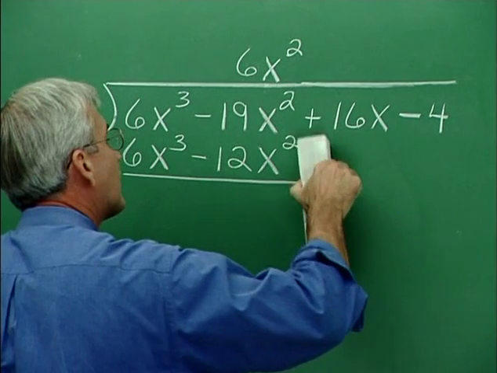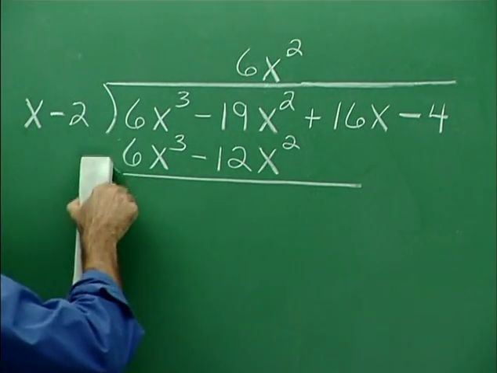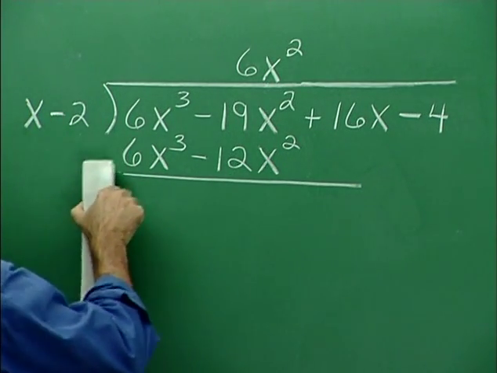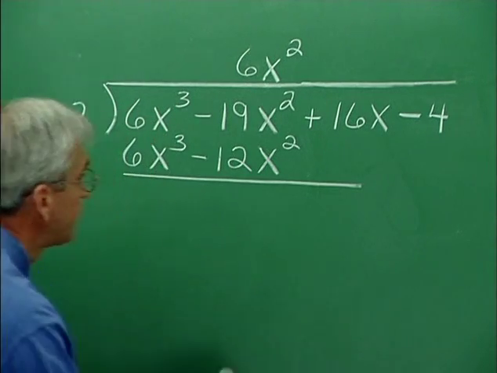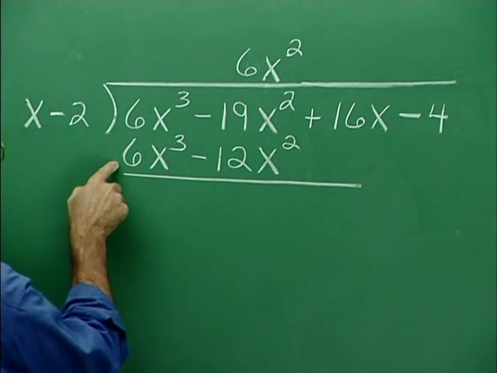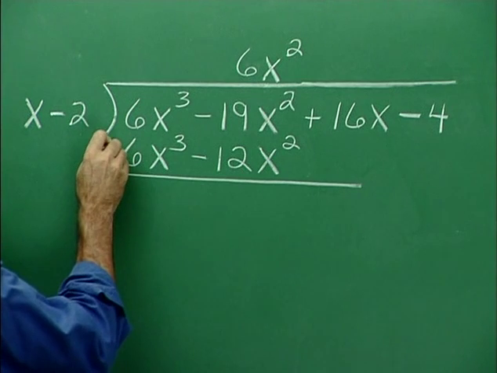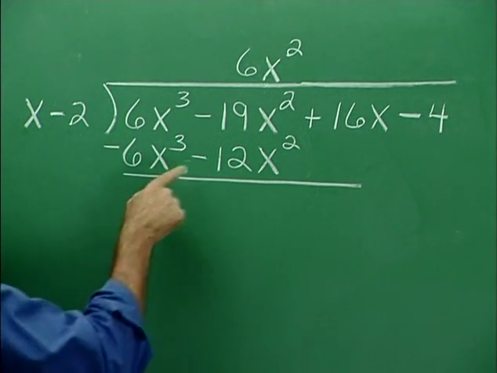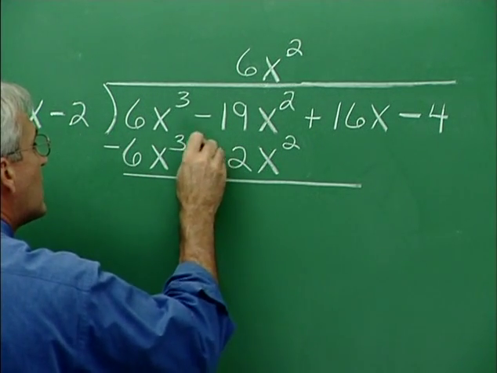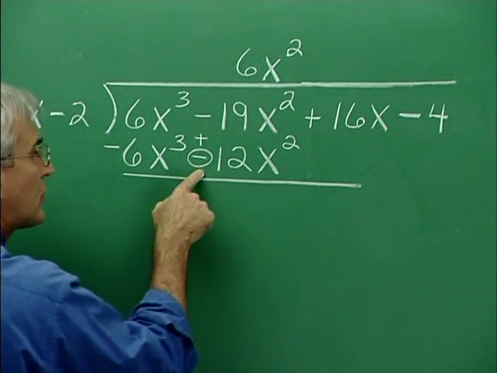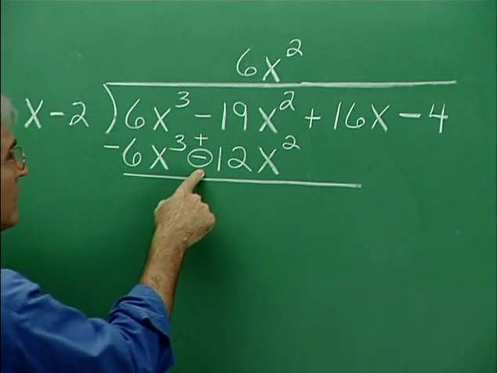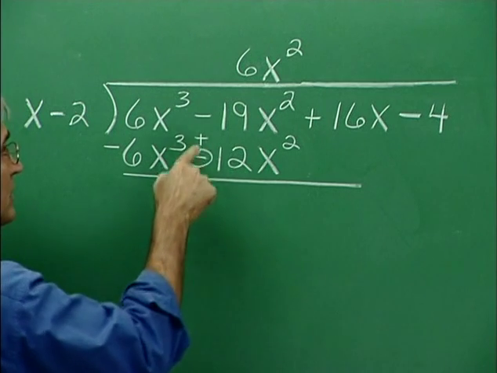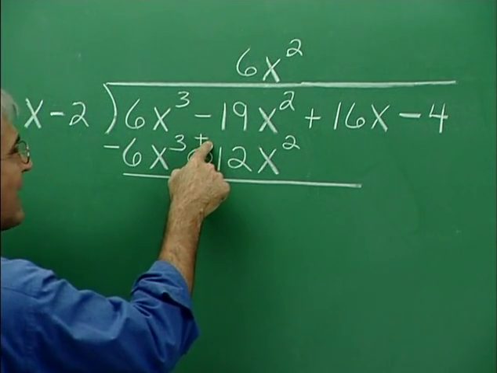This is a lot safer. I know and can anticipate that I'm going to change those signs, so I'll do it like this. This is an understood plus sign, I'm going to make it a minus sign. And this is a minus sign, I want to make it a plus sign. Notice how I put a circle around the existing sign, and then I put the changed sign above that circle.